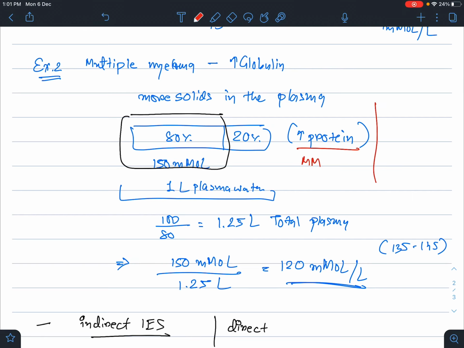Another example would be increased fat, like very severe hypertriglyceridemia, hyper TG, let's say more than 1.5 milligram per deciliter. That can do it also. Another example of increased protein is IVIG therapy. Someone who has been given IVIG therapy may also have an increased amount of immunoglobulin in the blood, and that can lead to detection of pseudohyponatremia.